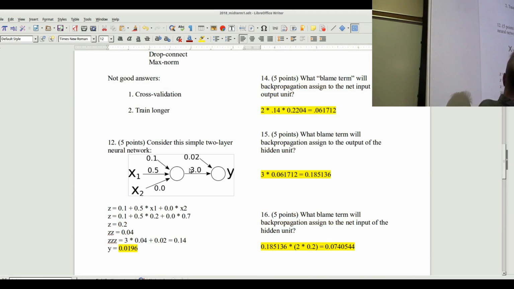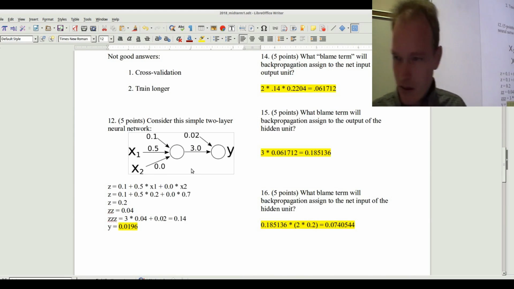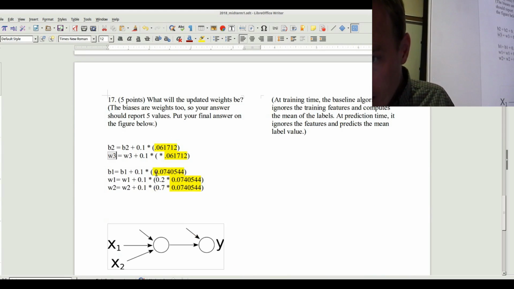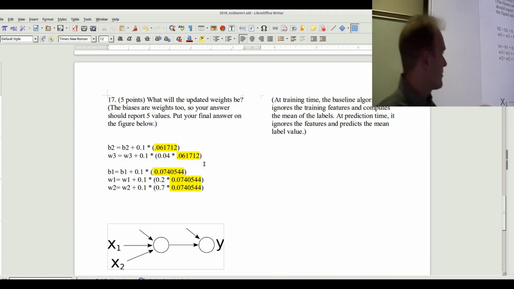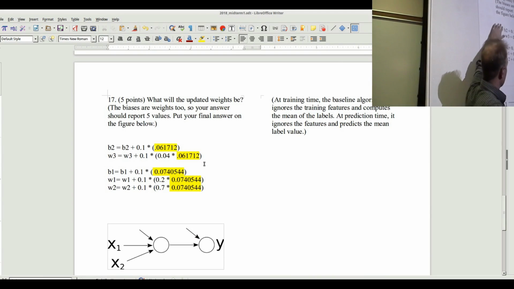It was a 0.04. You see that? Because 0.04 is what came out of this unit, and it's what went into that 3. So where did I put it? There. 0.04.